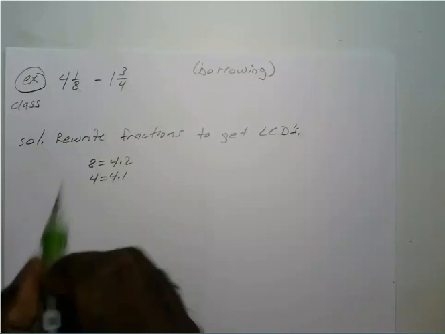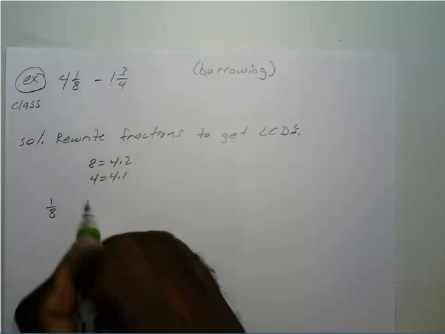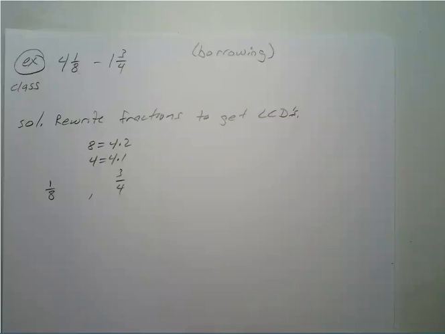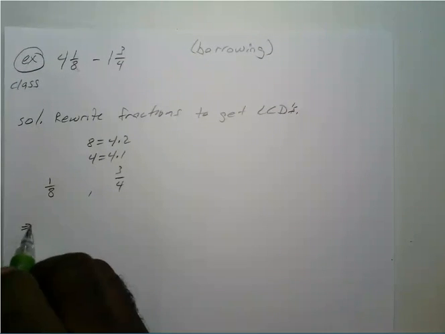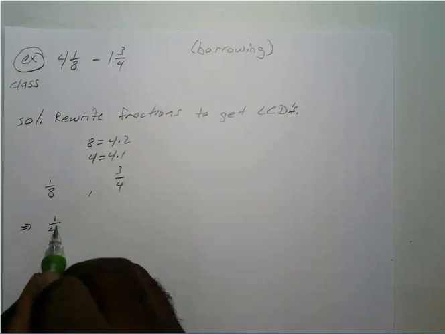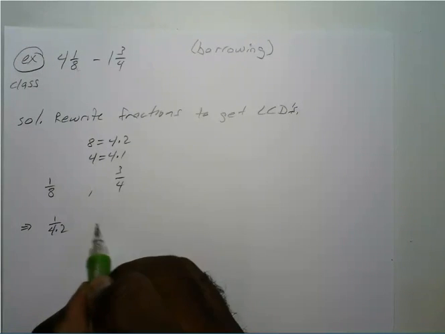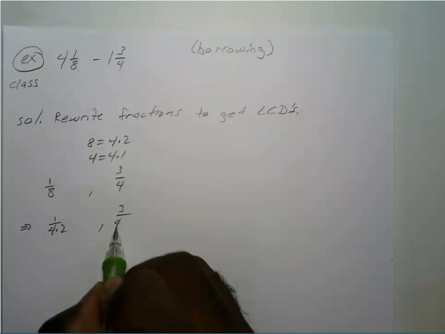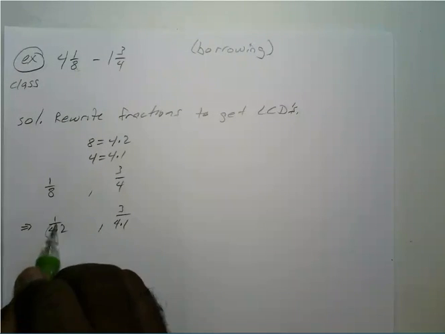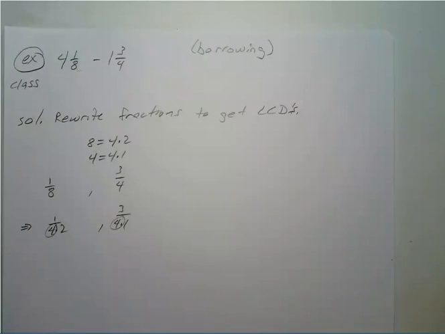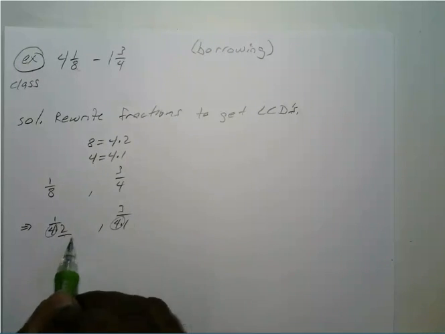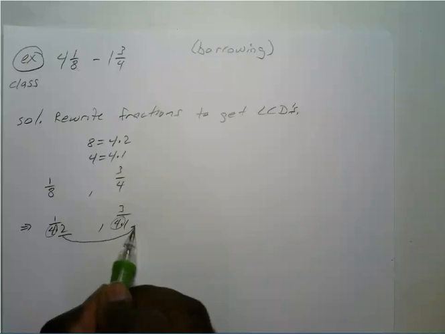So just our fractional parts, you have 1/8 and 3/4. So rewrite that: that's 1 over 4 times 2, and 3 over 4 times 1. Okay, so we see here you have a 4 here and a 4 there, so you're good. You have a 2 on this side, but you don't have 1 over here, so you're going to multiply this side by 2 over 2.